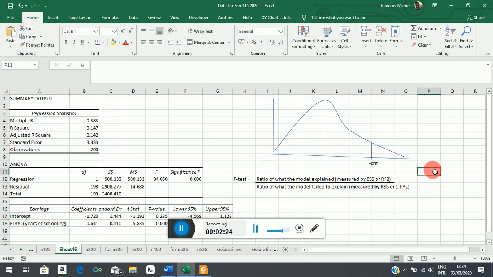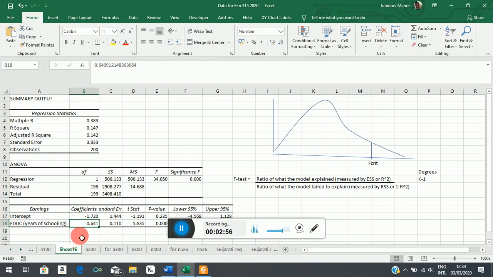So if we think in terms of the degrees of freedom, and these degrees of freedom are k minus 1, where k is the number of estimated coefficients, we estimated the coefficient of the intercept term and the coefficient of education. So this is an intercept, this is a slope coefficient.